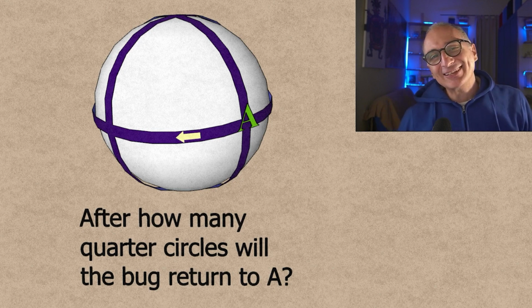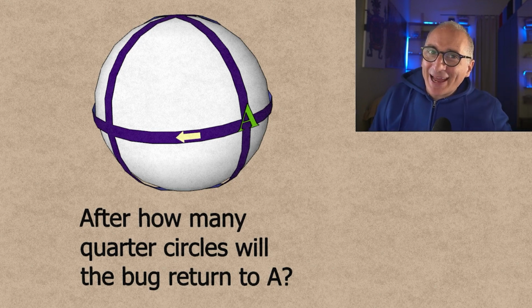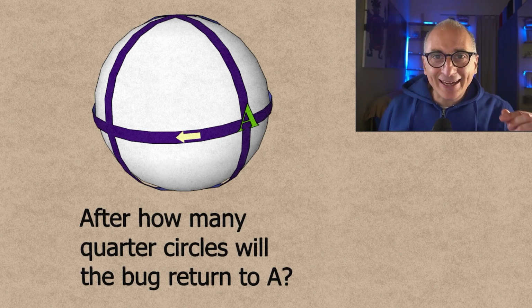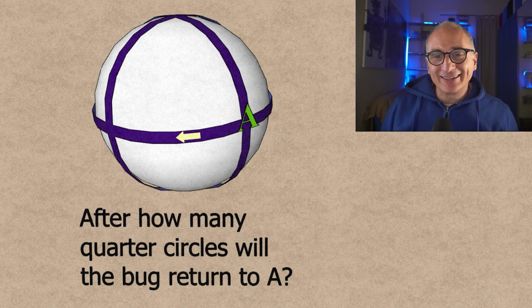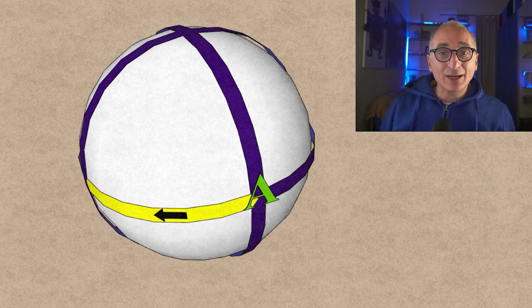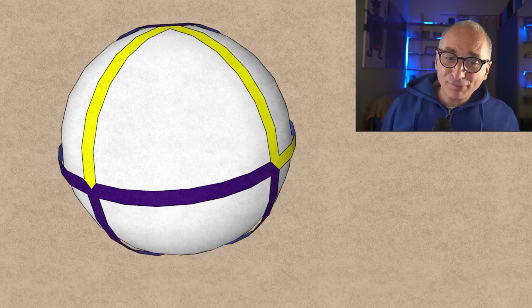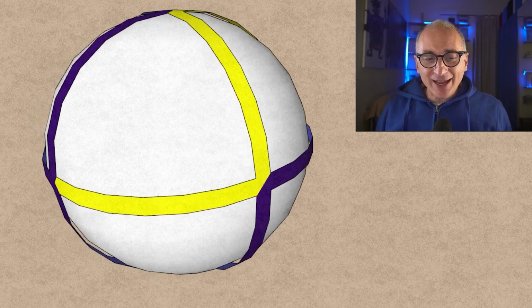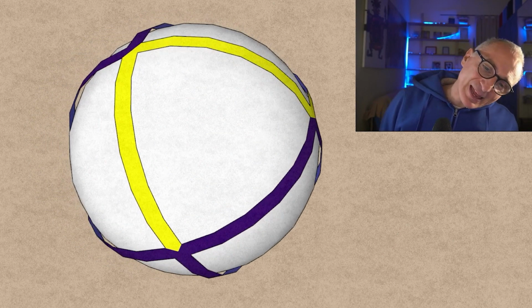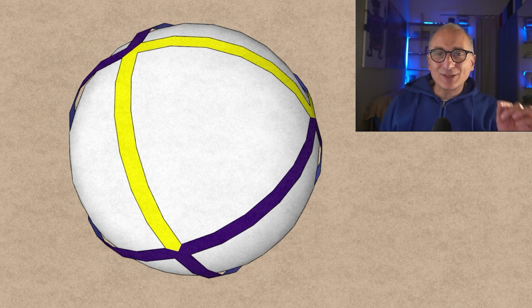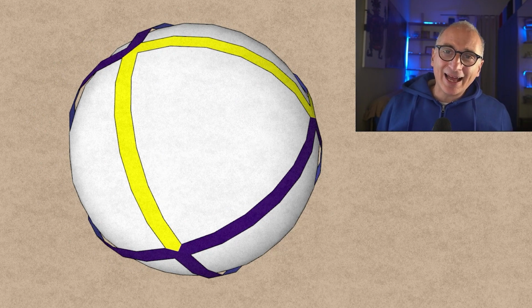For the solution, let's first try to solve the puzzle walking on the sphere. Let's see if we can understand what's happening. So we walk this way, then we turn to the right, we go there, and then we turn to the left, and then to the right, and then to the left, and I'm lost, I don't understand anything. I don't know if you understand what's happening, I don't.